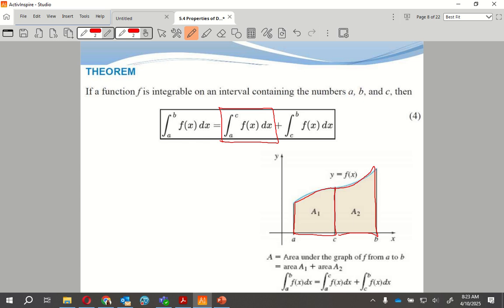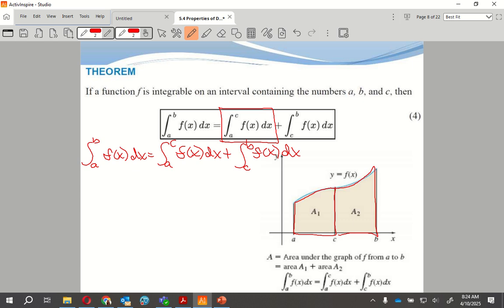So, I'm going to play with that formula. If I say the integration from a to b of f of x dx is equal to the integration from a to c of f of x dx plus c to b of f of x dx, wouldn't this be the same, because this equal sign right here is where it's at?